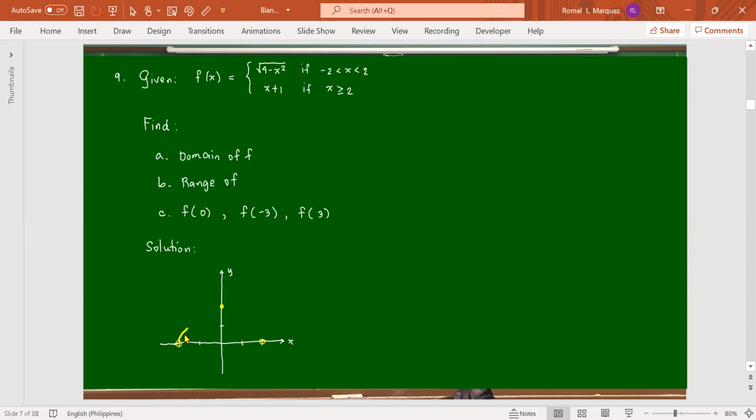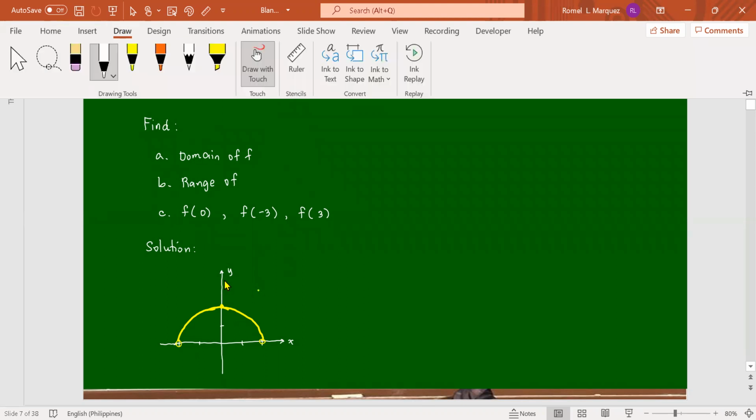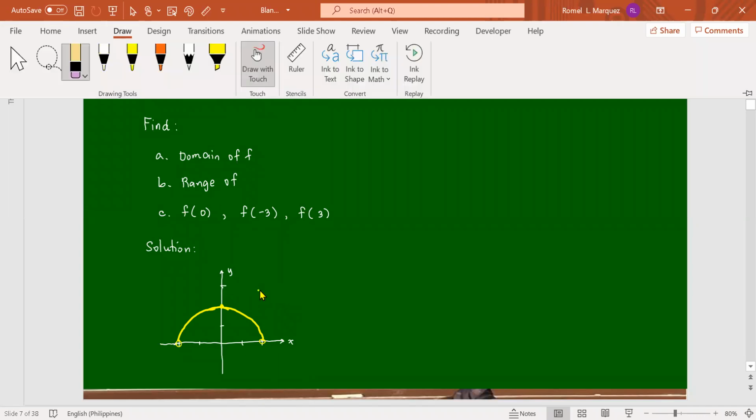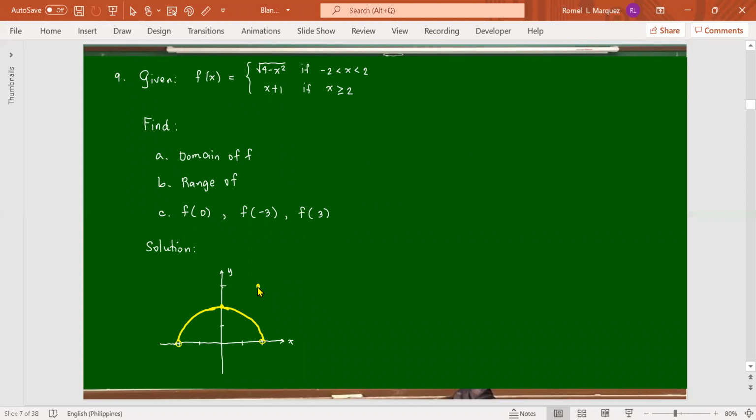So this is how the graph looks like. Actually, this is the upper part of the circle. Then when x is 2, 2 plus 1 is 3. So we have 3. So let me put here 3. So this value aligned here at the height of 3.